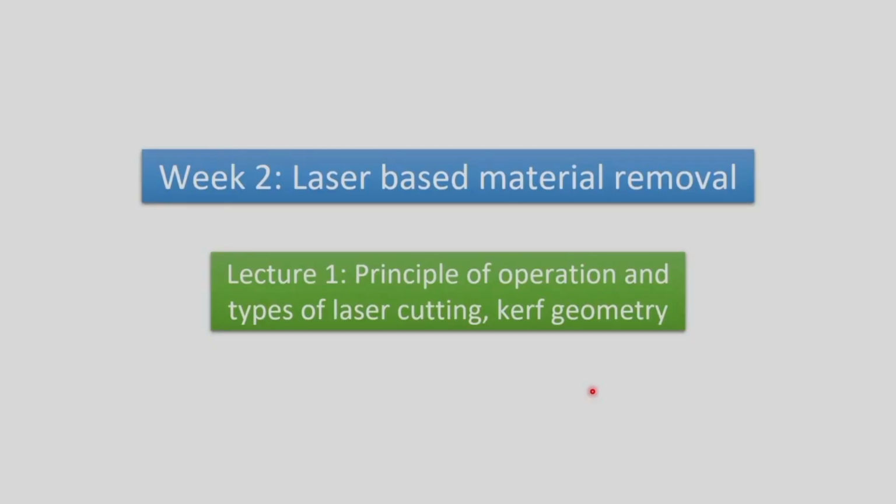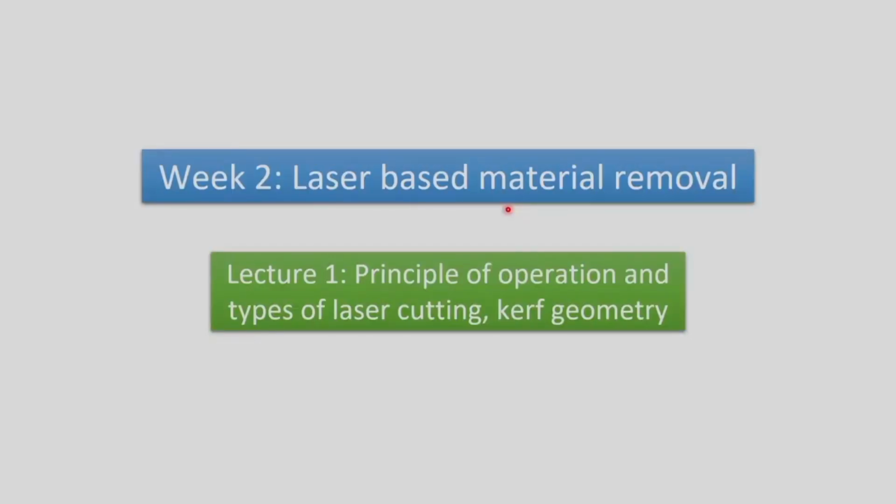In the first week of this course, we have seen the fundamentals of lasers, principle of generation of laser beam, its characteristics, applications in the manufacturing. We have also seen the construction of a typical laser and what are various the cavity designs. With these fundamentals of laser, let us begin our journey to know how the lasers are applied in the manufacturing industry.